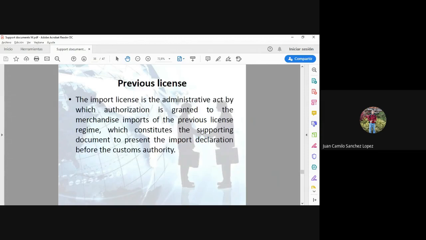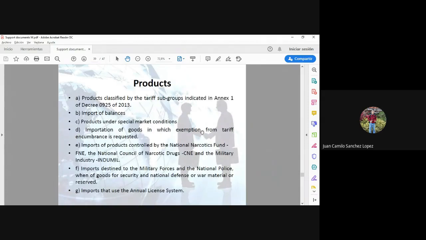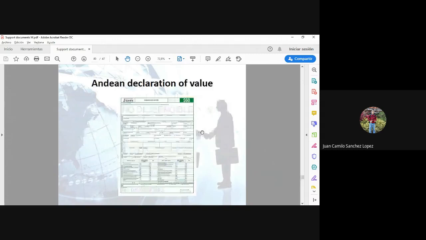It means that importing this product is not possible for any legal or single person. It is only possible mainly for entities that belong to the government. So those entities can use this modality for importing, by getting the previous license.